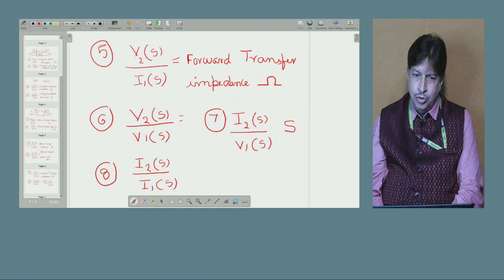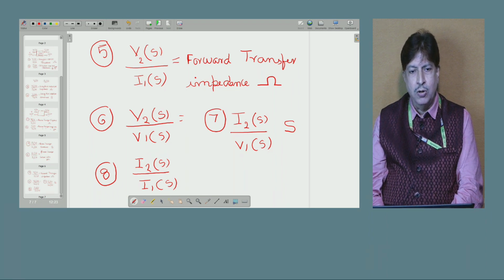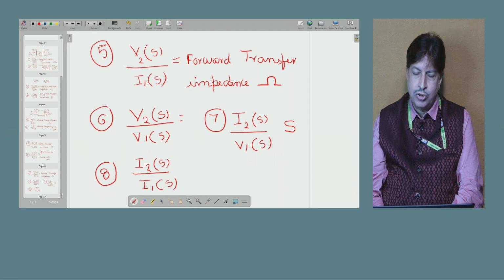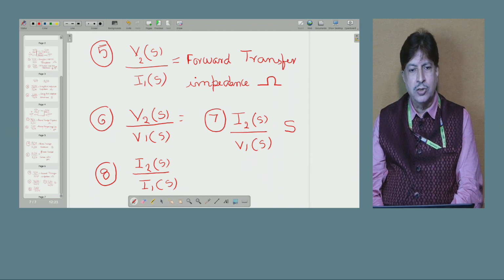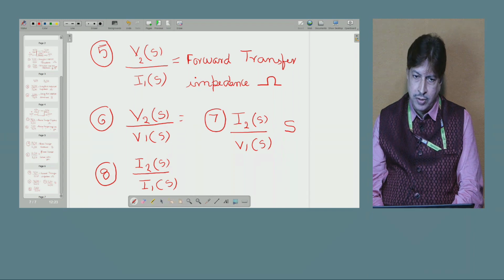Whenever numerator and denominator variables belong to the same port, that network function is called a driving point function, and whenever they belong to different ports, it is called a transfer function.